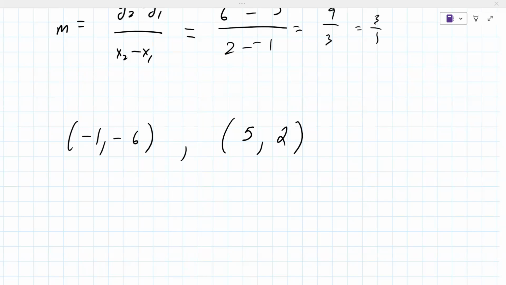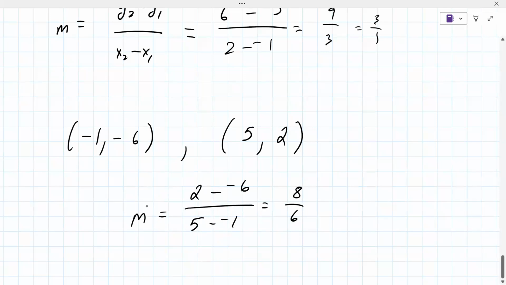Would it be 8/6, and then that reduces to 4/3? Very good, yeah. All right, doing great here.